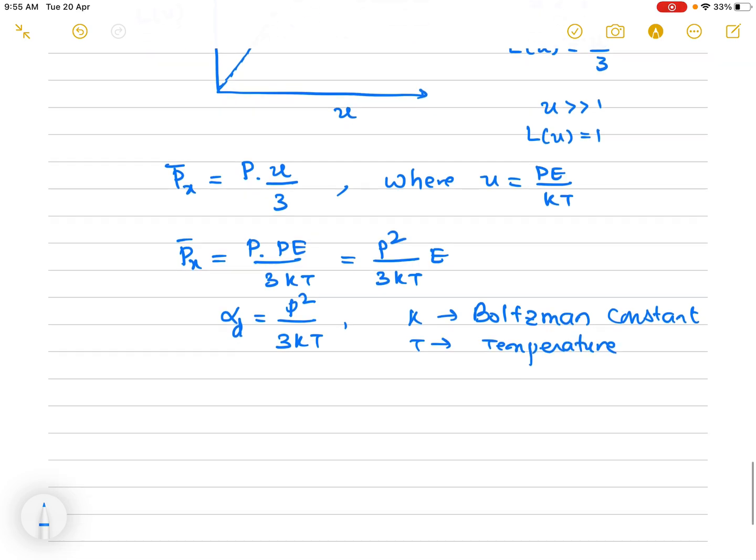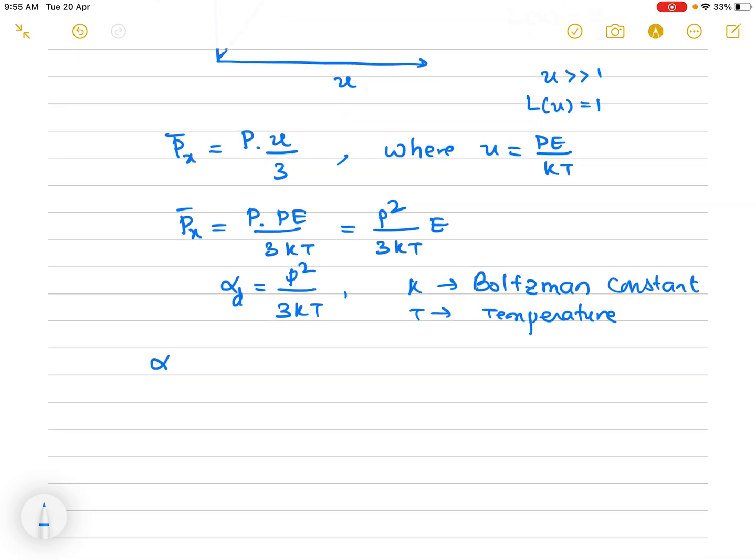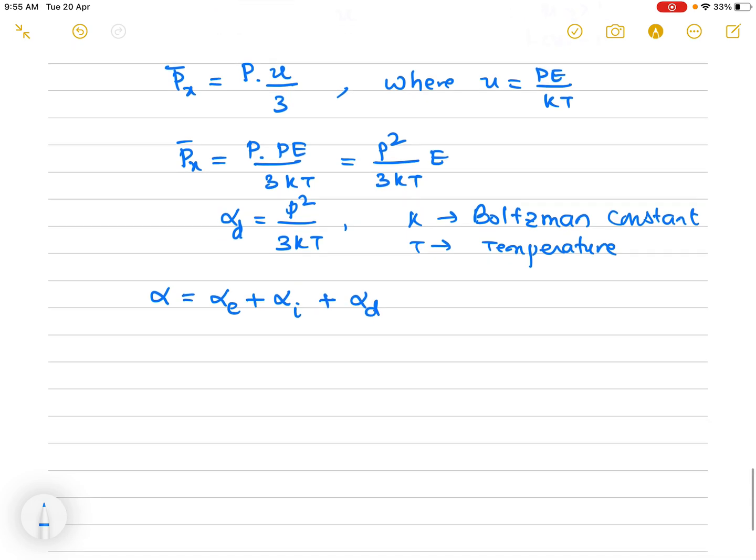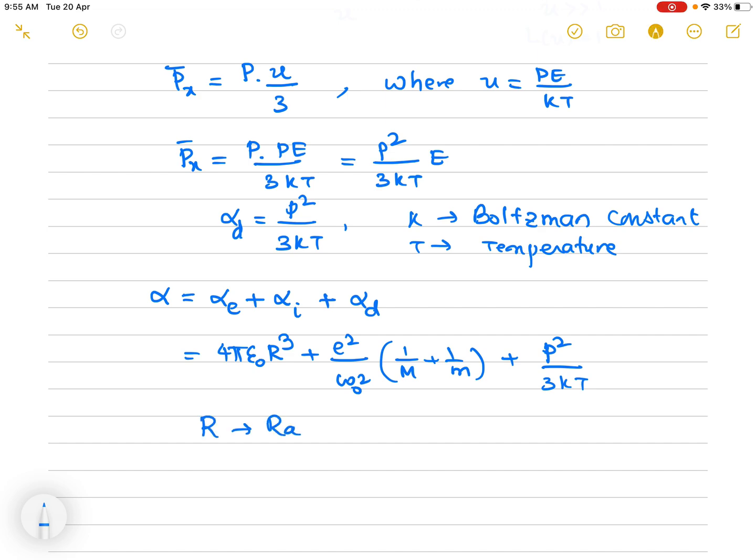So we know that this is 4 pi epsilon naught r cubed, plus e square by omega naught square times (1/M plus 1/m), plus p square by 3kT. Here r is the radius of the atom, omega naught is the natural frequency with which the ions oscillate, and T is the temperature.